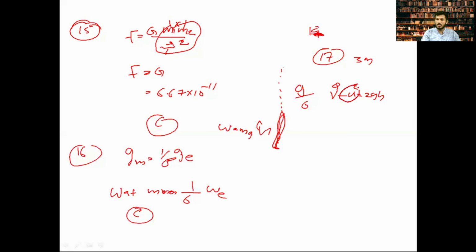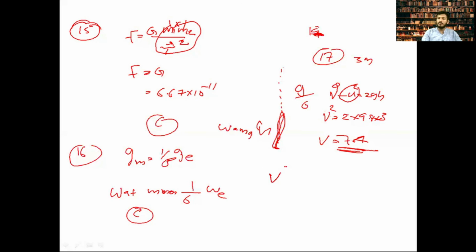Initial velocity is 0 because the jump starts from a height. Final velocity is maximum. v square is equal to 2 into 9.8 into h, where h is the 3 meter height. 2 into 3 is 6, 6 into 9.8. By calculation, v is equal to 7.7.